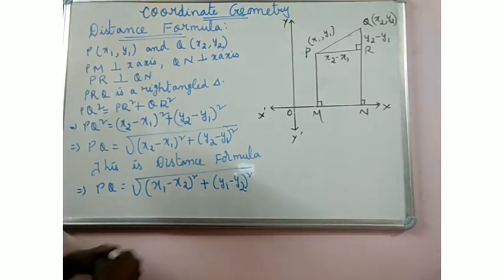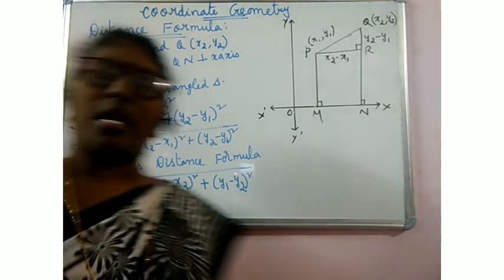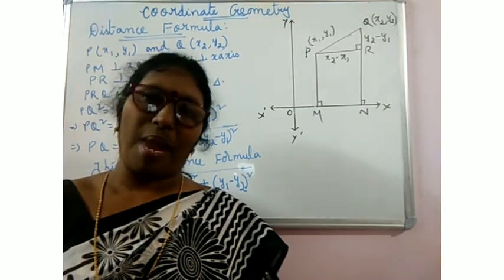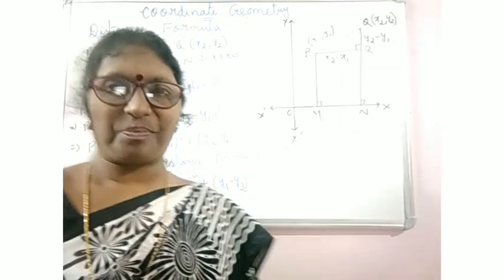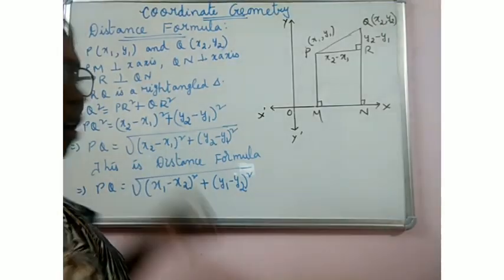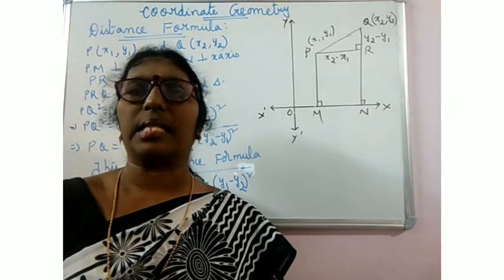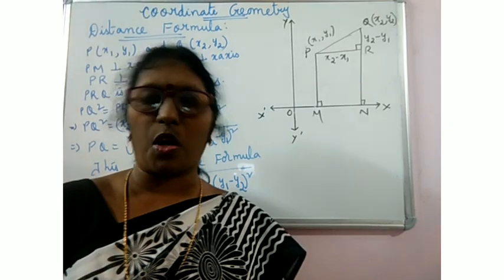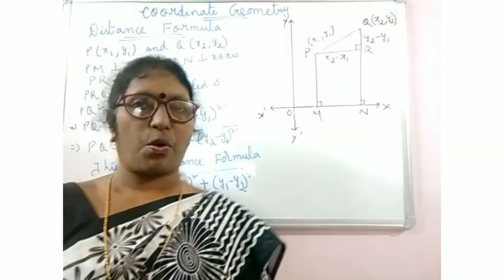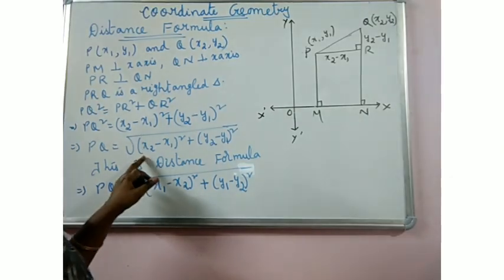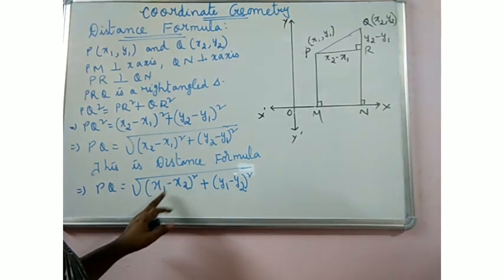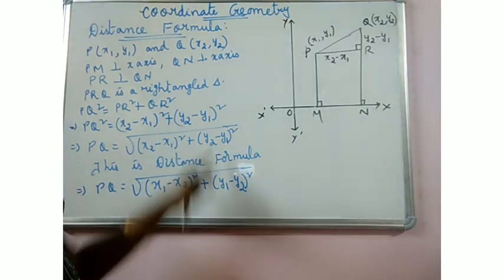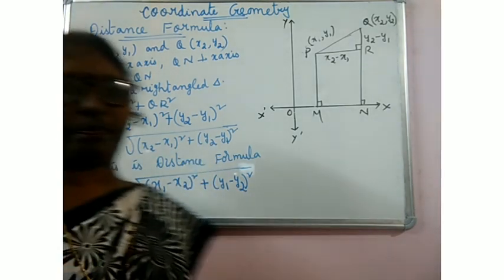Because you know that plus 1 square is 1, minus 1 square is also 1. Whether positive or negative integers, squares are same. Square of minus 2 is 4, square of plus 2 is also 4. That's why whether it is x2 minus x1 whole square or x1 minus x2 whole square, it is the same.